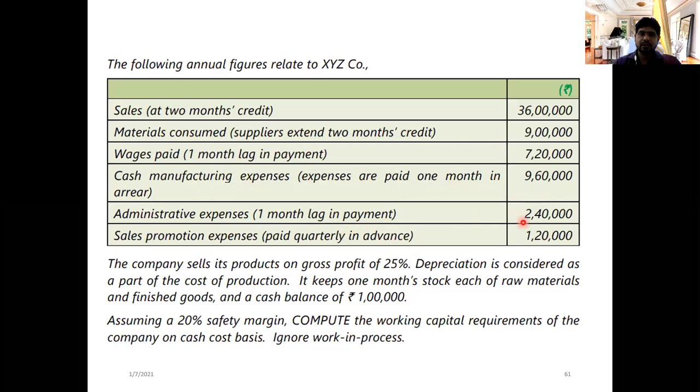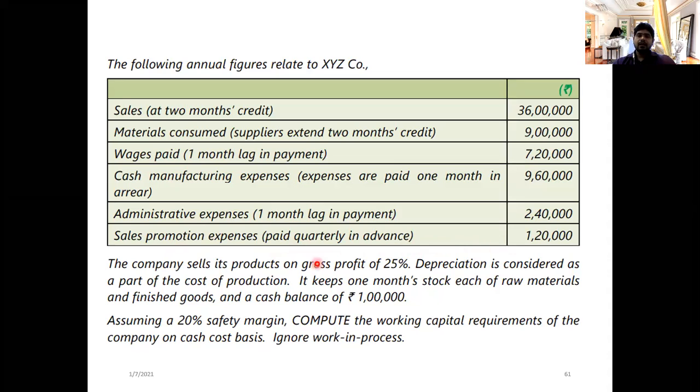That is 240,000. Sales promotion expenses paid quarterly in advance. So it's an advance payment, right? It's an expense, but we have to consider it as a current asset because it's a prepaid expense, right? So we have to pay quarterly, right?